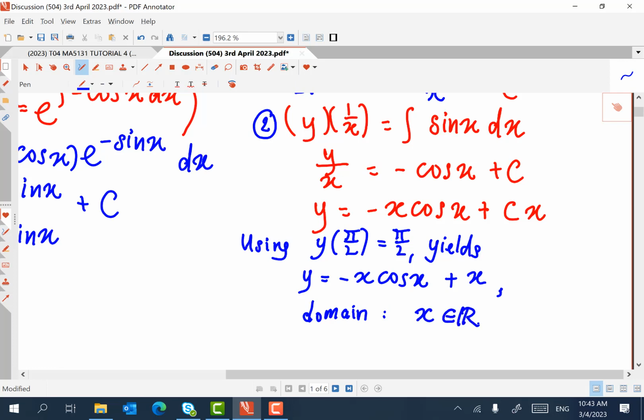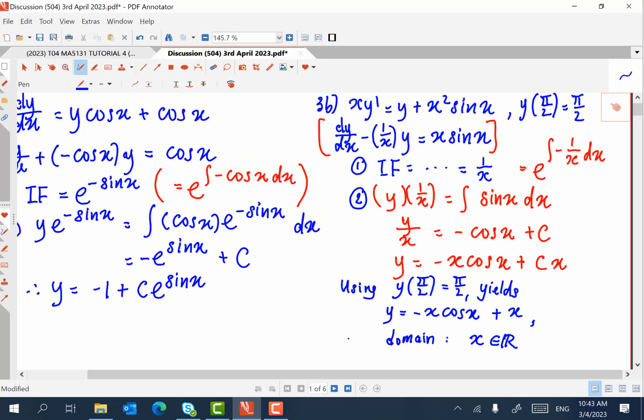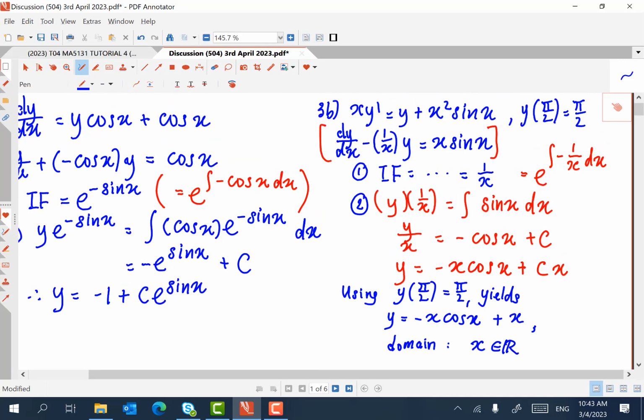In the other class, they raised an objection. They say that in my working, I have excluded the case that x is 0. And I told them, actually it's not like that.